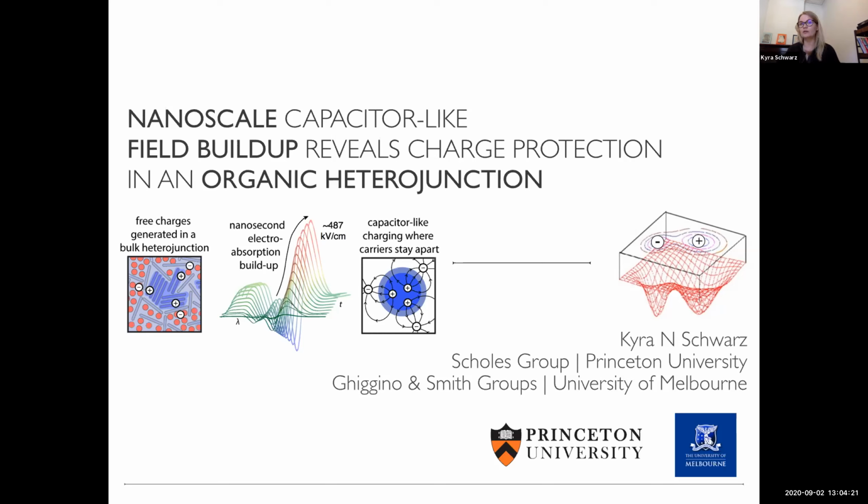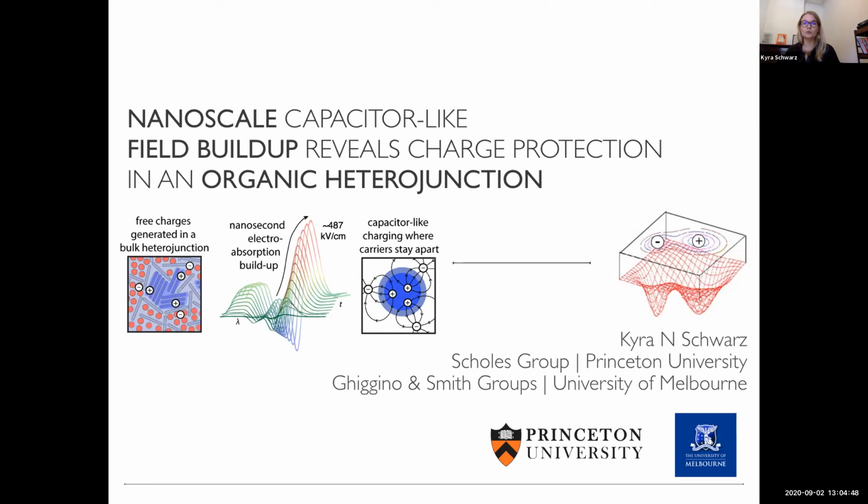But now we know that the device structure that works much better is this really complicated nanoscale interpenetrating network of donor and acceptor. This sort of structure was formed to help excitons diffuse to the interface and have a really large interfacial area, but really the nanoscale morphology is affecting the efficiency of every single step along the way.